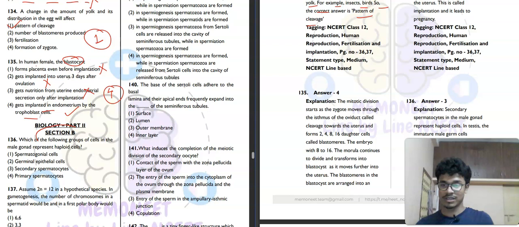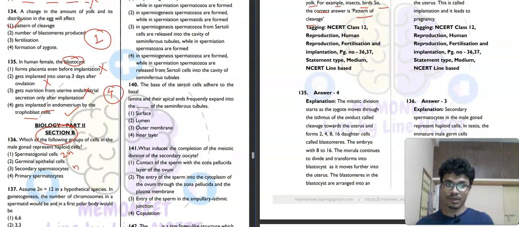Now moving towards section B, 136. It is saying which of the following groups of cells in the male gonad represent haploid cells? Spermatogonial cells are diploid. Germinal epithelial cells are also not haploid. Secondary spermatocytes are haploid.